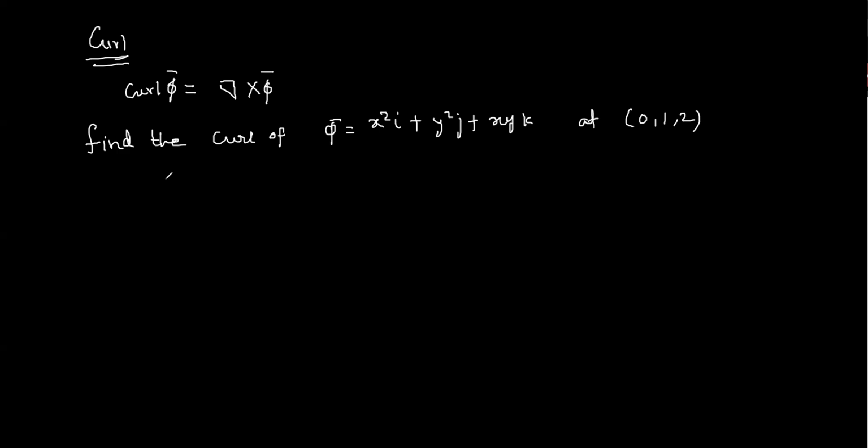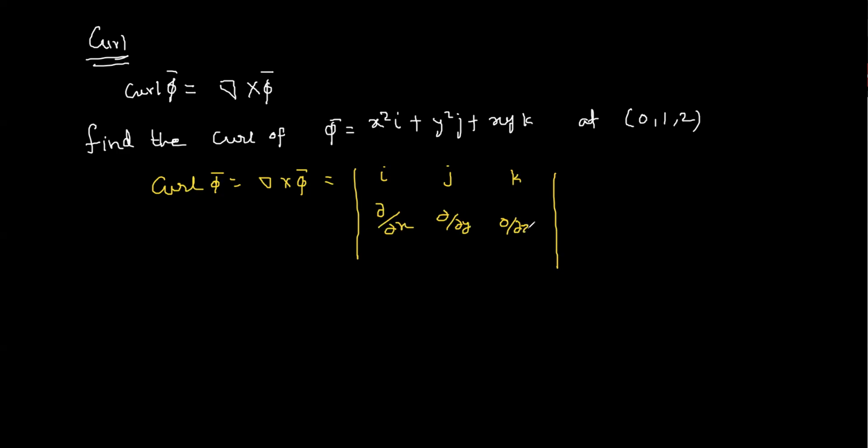Curl means cross product, and you know how to do cross product of vectors by using a determinant, right? Dou by dou x, dou by dou y, dou by dou z, and phi is x square, y square, xy.